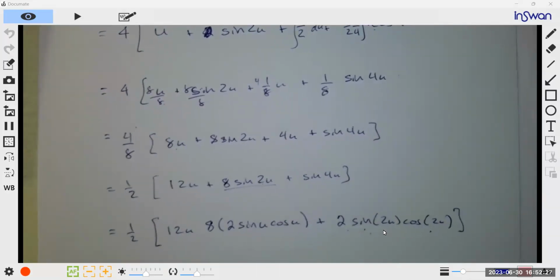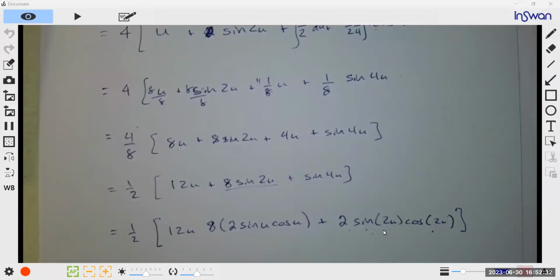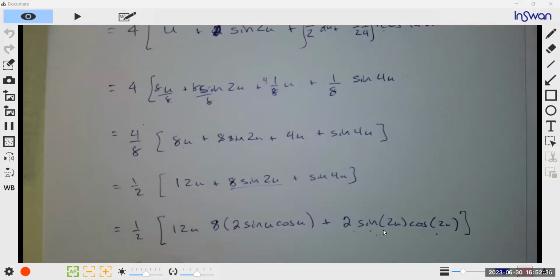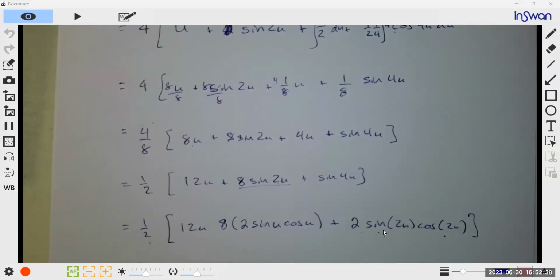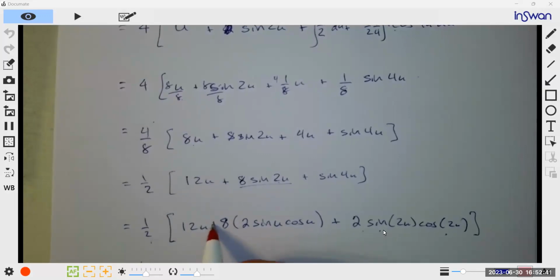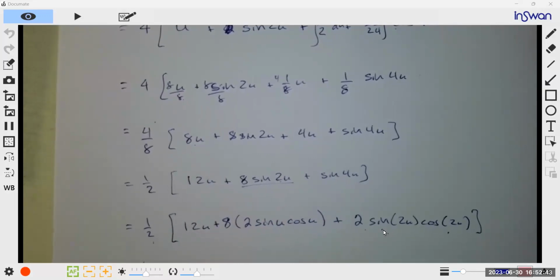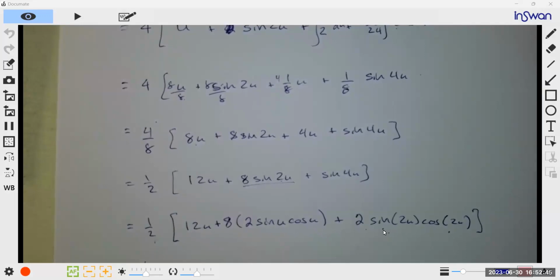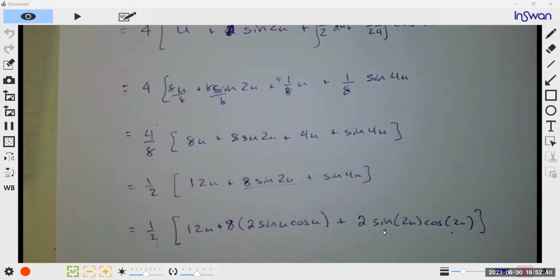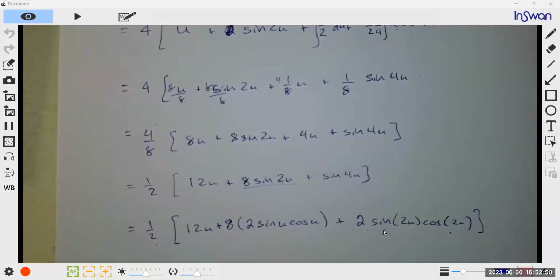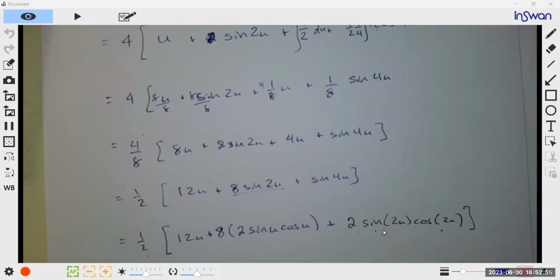All right. So we can distribute that 1/2 everywhere. So we have 6u plus 4 times 2 sine u cosine u. The 2's cancel, so we have sine 2u cosine 2u.